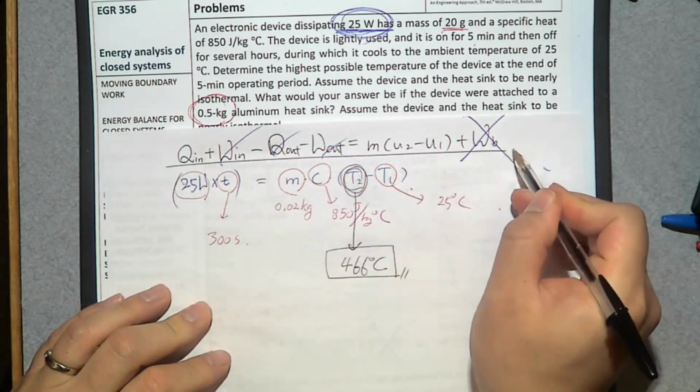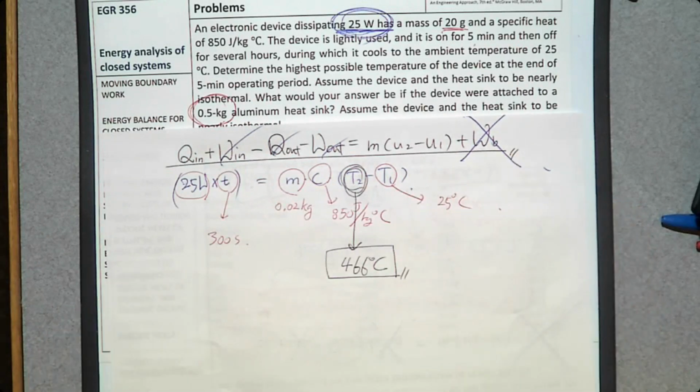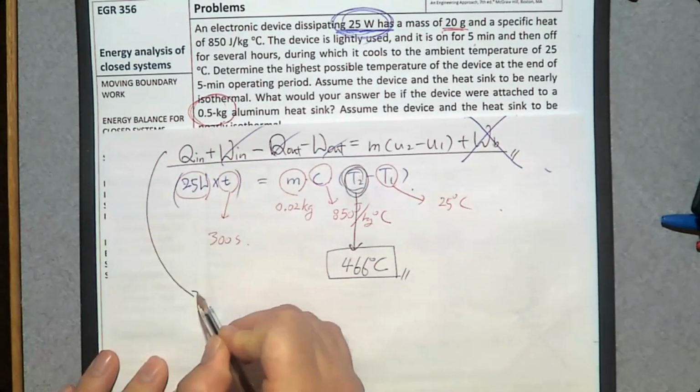Then let's write down the energy balance equation. Now, what is our system? After adding this aluminum block, your system is going to be two: the electronic device and this aluminum block. The temperature of this electronic device and aluminum block are going to be the same. Okay. So let's write down the energy balance equation again.